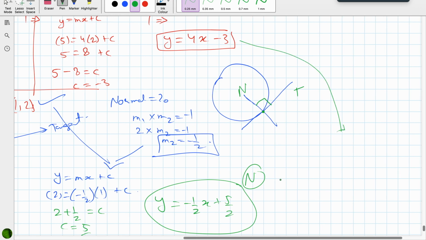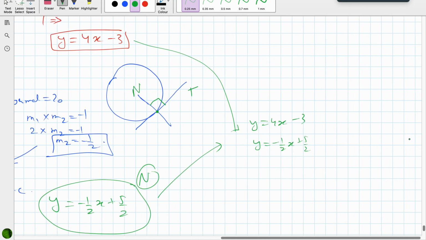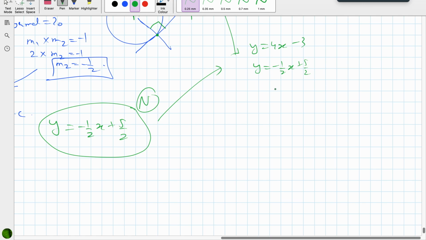So bring them closer. First equation is y equals 4x minus 3. Second equation is y equals negative 1 by 2 x plus 5 by 2. When we have these equations, we can solve them either by elimination or substitution. I am going for elimination. So I'm subtracting these equations and changing the signs.